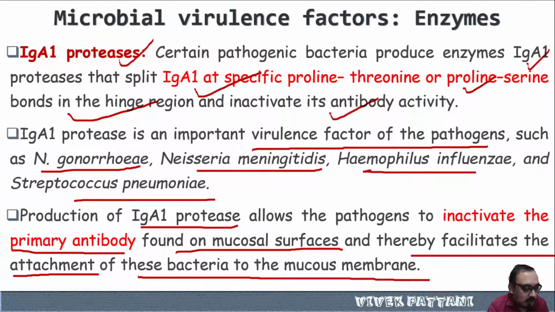For example, let us assume this one is an antibody and this is an IgA1 protease. What will they do? They will simply bind with the IgA antibody, thereby limiting its functions.